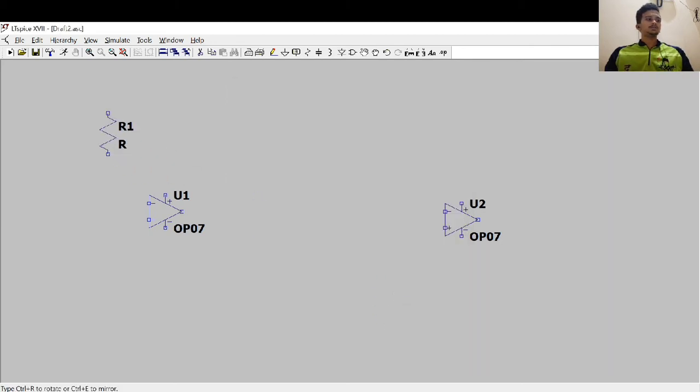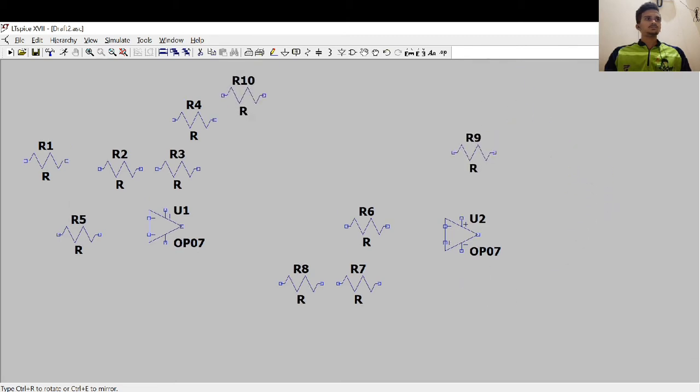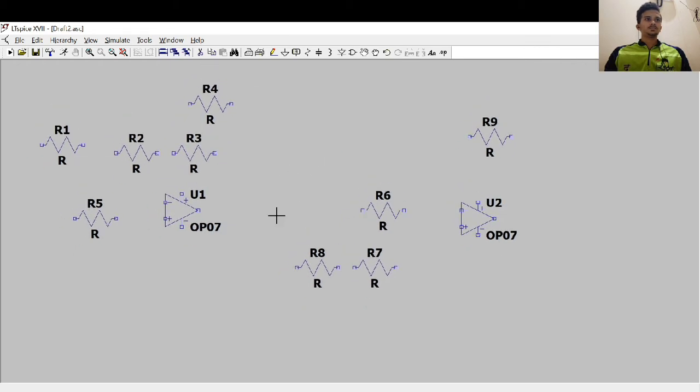We'll take standard resistor values, so it can also be implemented in hardware. Okay, so let's place it properly.